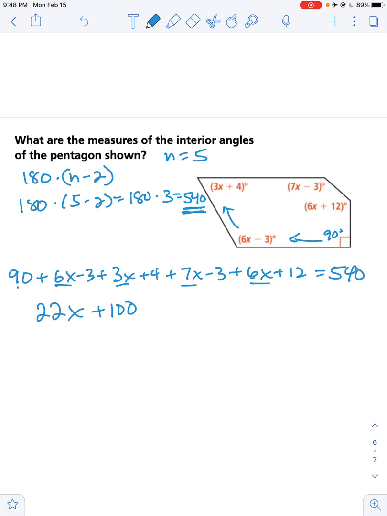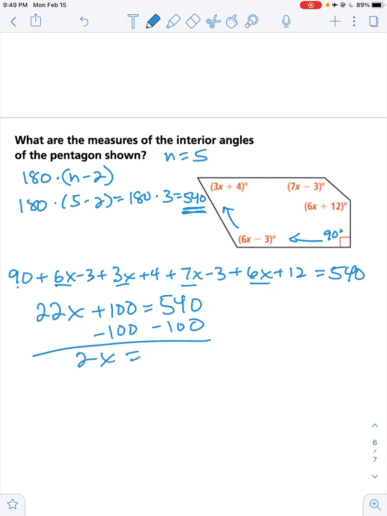Okay, let me double check my math there. Make sure I did that right. So I got 90 minus 3 plus 4 minus 3 plus 12. Yeah, 100. Okay. So then 22x plus 100 is equal to 540. I subtract 100 from both sides.